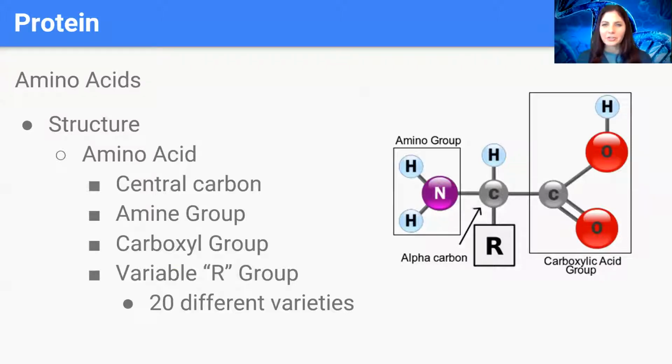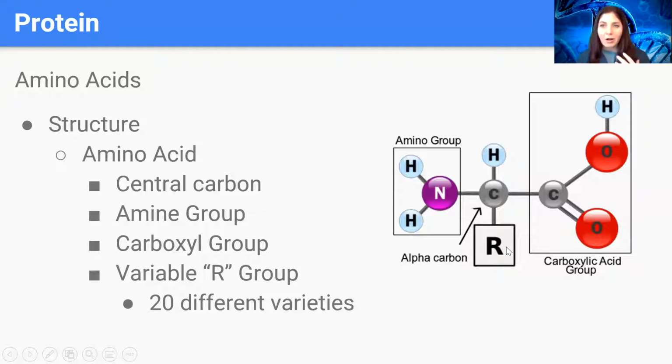So as far as the structure of amino acids, we have a couple of different components. We have this centralized carbon right here. We have an amine group, which is composed of a nitrogen and two hydrogens, or NH2, if you remember your functional groups from the elements of life. We also have a carboxyl group, or that COOH, and we have a variable R group.